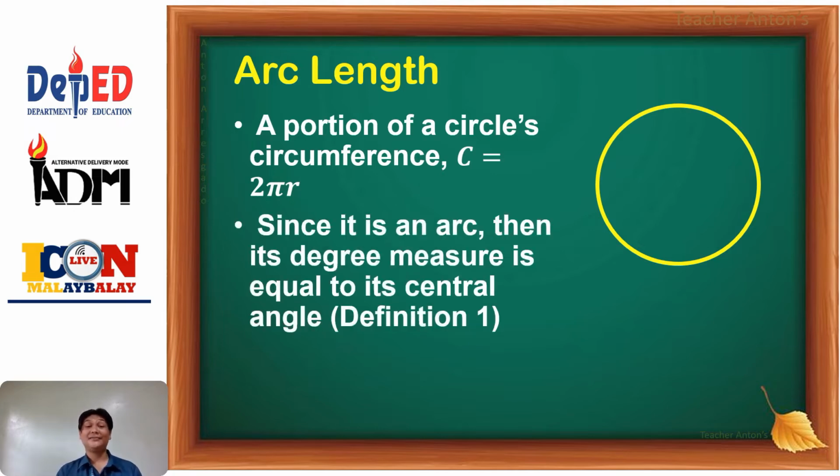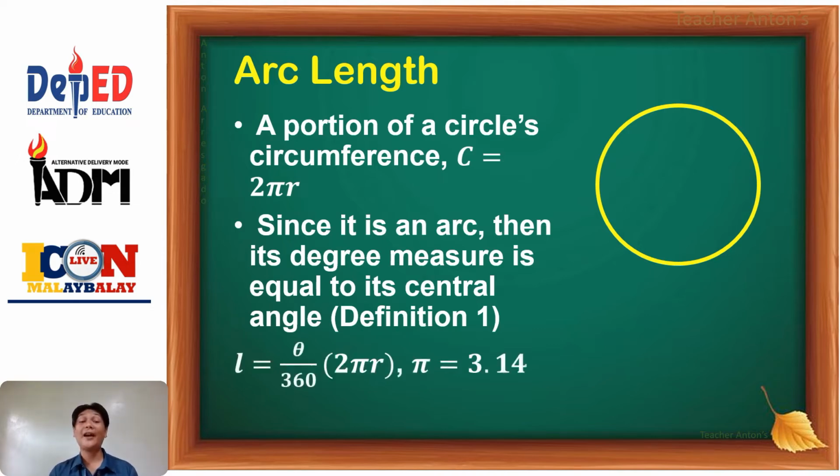Since we're talking about the arc length, its degree measure is equal to its central angle. Now, the formula of the arc length is L equals theta, the central angle, divided by 360 degrees times the circumference, which is 2 times pi times r, where pi is equal to the constant 3.14.